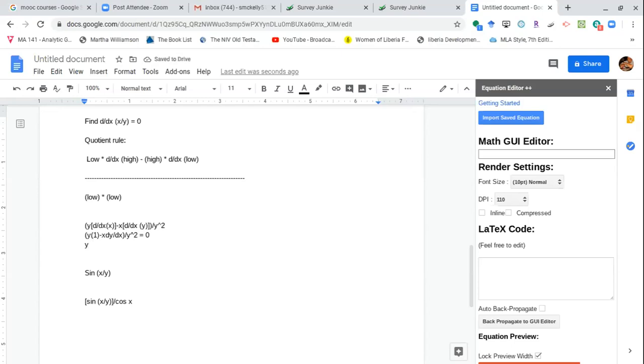y minus x dy dx, all over y squared. You would just move the y squared, multiply it by the 0, and then move the dy dx over.